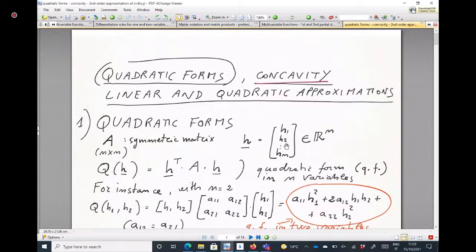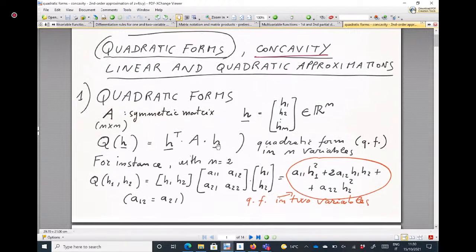We use h to denote the increment. Anyway, this is a vector of n variables. A is a symmetric square matrix. And we already know that this notation, h transpose times A times h, denotes a quadratic form in n variables. Okay, this was part of the previous slides.